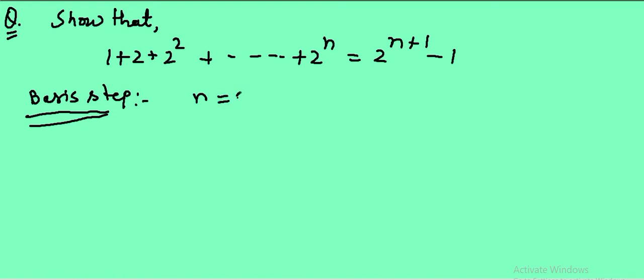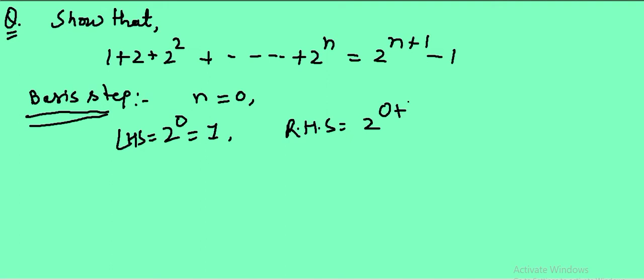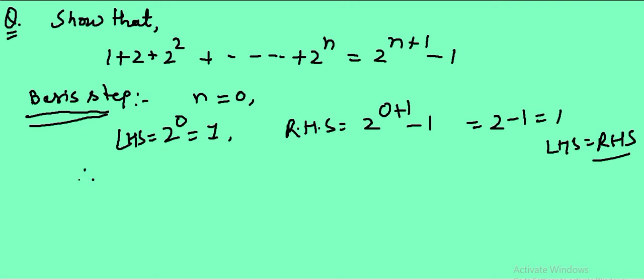For n equal to 0, in LHS it will be 2 raised to power 0, and in RHS it will be 2 raised to power 0 plus 1 minus 1, which is again 2 minus 1. So here we can see that LHS is equal to RHS, so it holds true for n equal to 0. That means P0 is true.